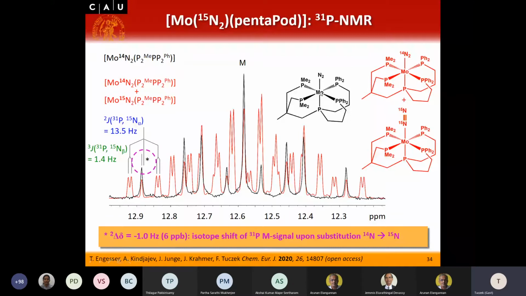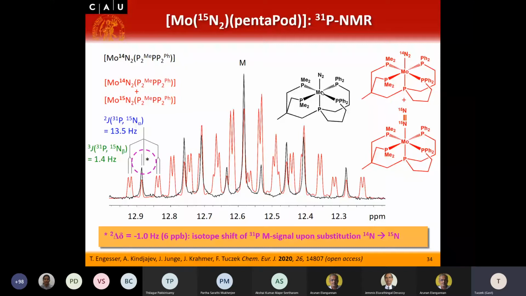So if you take a heavier ligand, which is 15N, it is a bit closer to the molybdenum center, and it makes a different interaction with the trans phosphine. It's very remarkable.